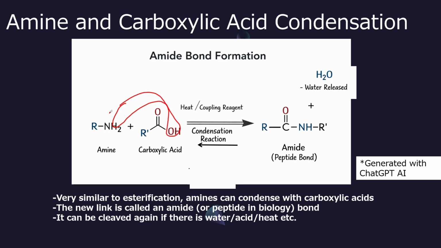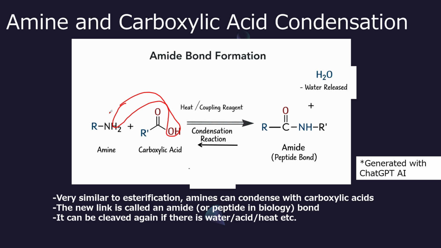If those come together and collide, they can make an H2O molecule be released and will form a new link, which will have a carbon-oxygen double bond directly connected to an N, usually NH, and then R for the rest of the chain. These R groups just represent some continued organic molecule. This makes what we call an amide bond in chemistry, or a peptide bond in biology.